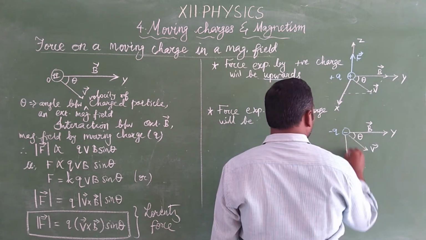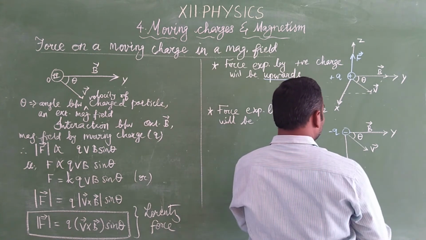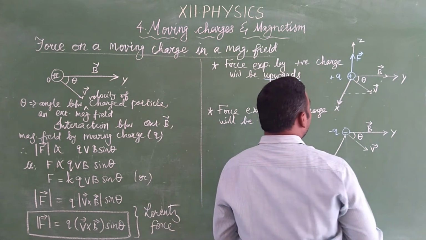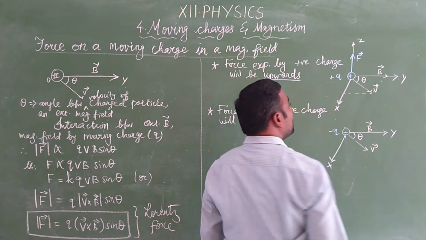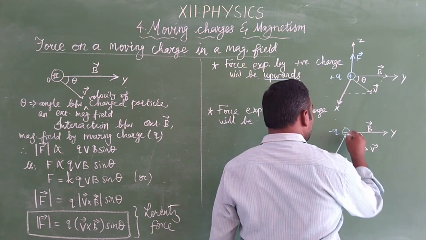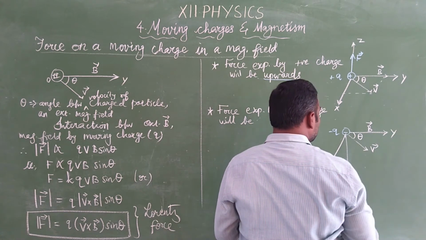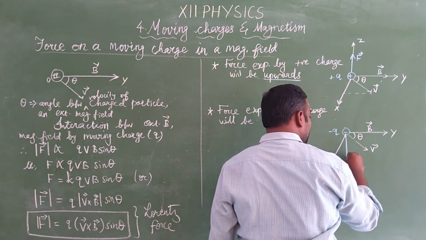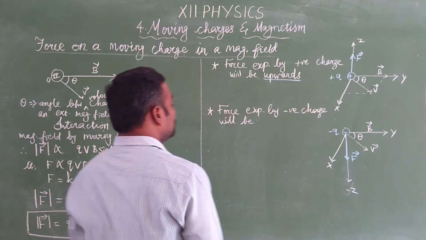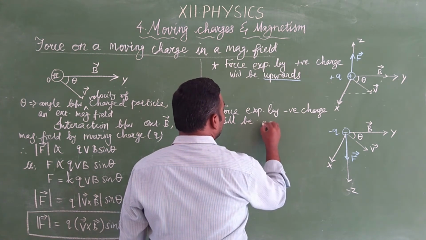This is the x direction. So the positive charge particle experiences a force upward, whereas the negative charge particle experiences a force downward. For z, the opposite direction is minus z. So the force experienced by the negative charge particle will be downward.